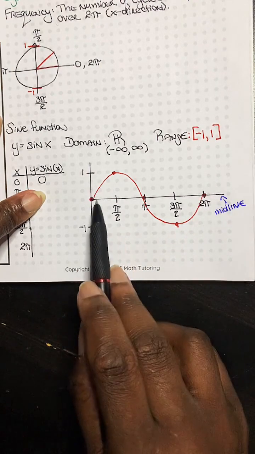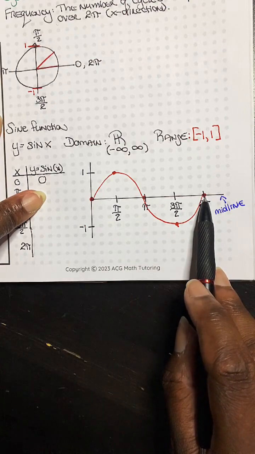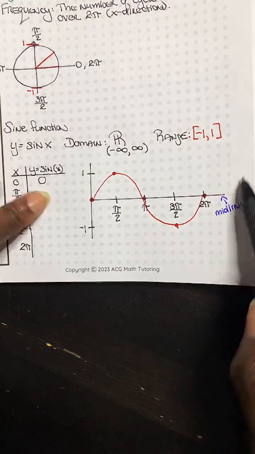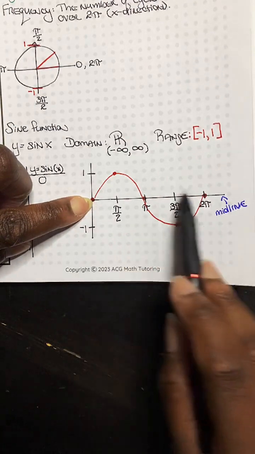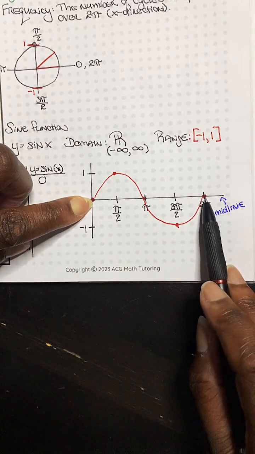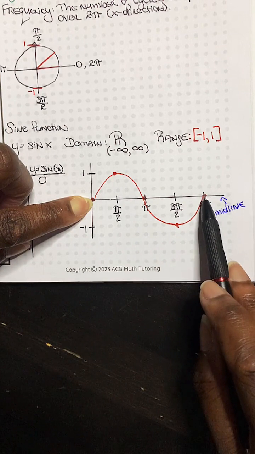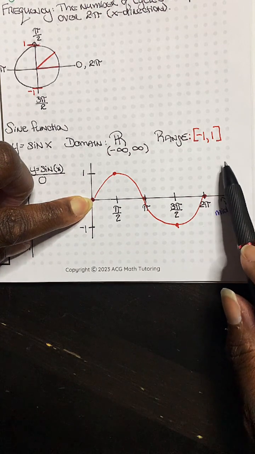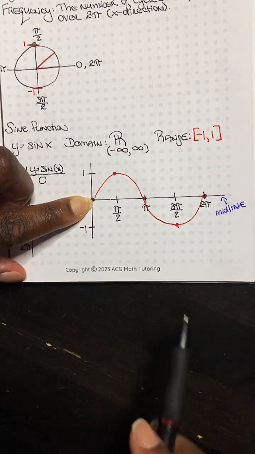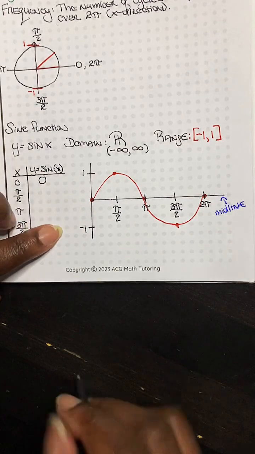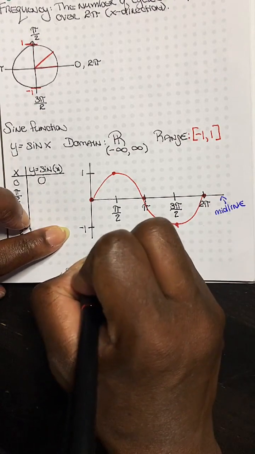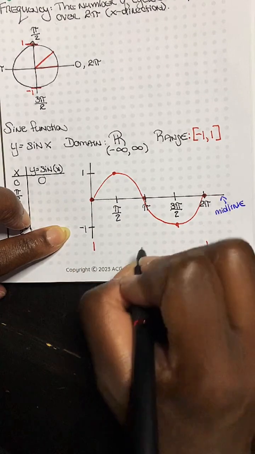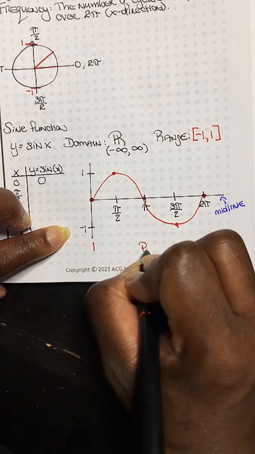So this is considered a period because I can repeat this again if I wanted to. Notice here I started at the 0, and after it went down, now I'm going to start here at the pi, 2 pi, and I can go back up and continue that process all over again. So this is why we say from here to here is called a period.